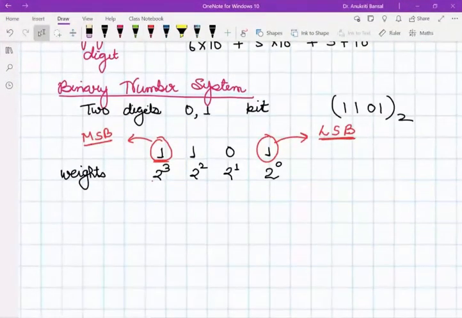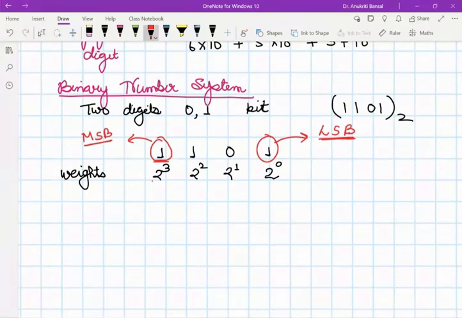Now, to compute the decimal representation of this binary number, we multiply each bit with the corresponding weight and add them together.